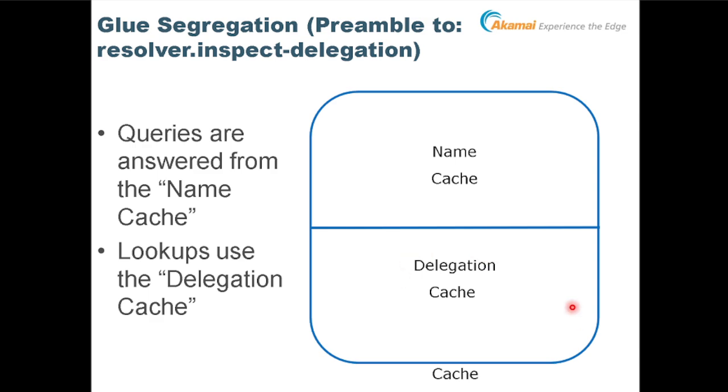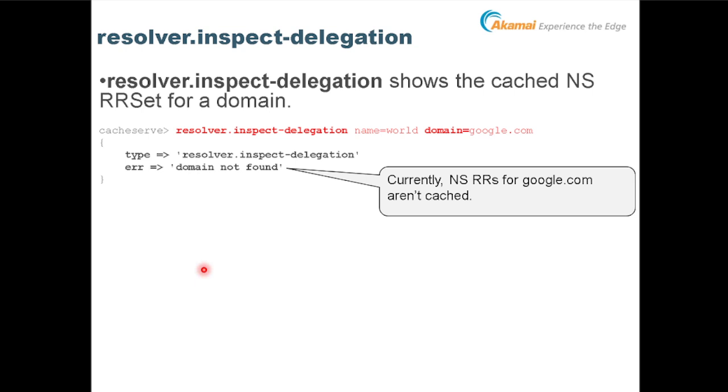But if you can effectively spoof something in the delegation cache, then you've managed to hijack a whole domain, like all of .com or all of .br or something like that. So the delegation cache is where data that's needed for lookups is stored.